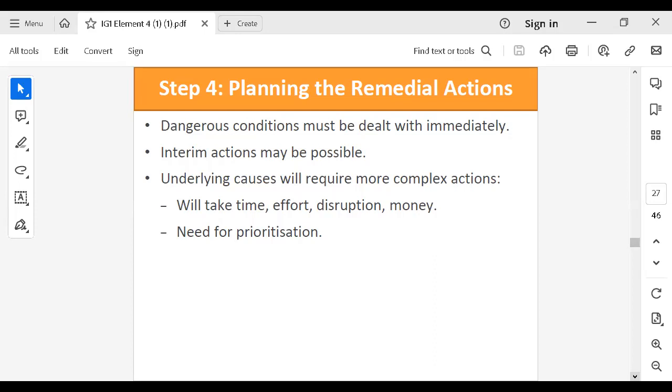We need to control the high risk immediately, then the medium risk, and then the low risk. So we prioritize according to the risk categorization: first the high risk, then the medium, and then the low.